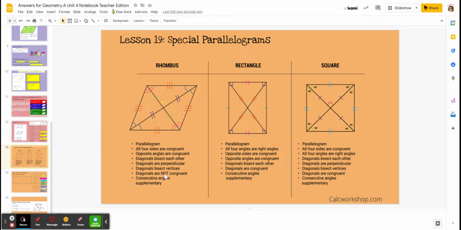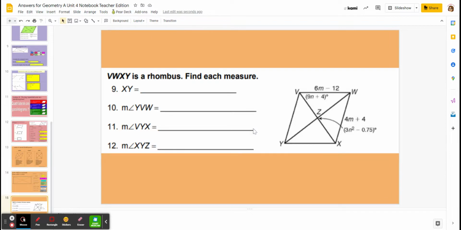The diagonals are not congruent. In rectangles they are, but not in a rhombus. And of course, consecutive angles, supplementary. So if we're trying to find x, y, remember that a rhombus does have four congruent sides.